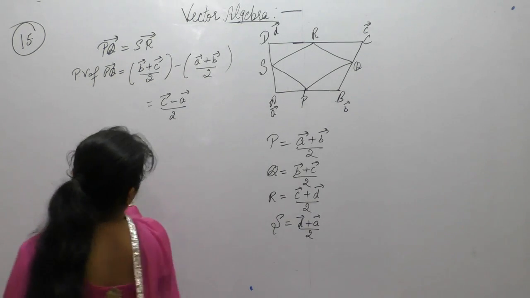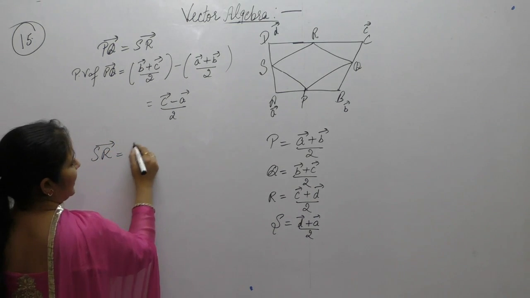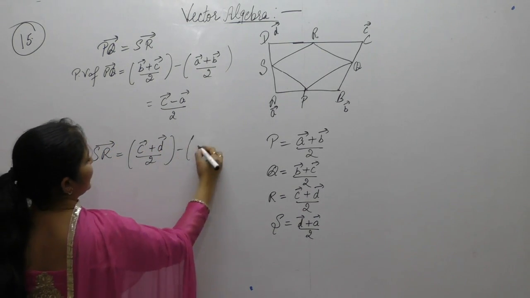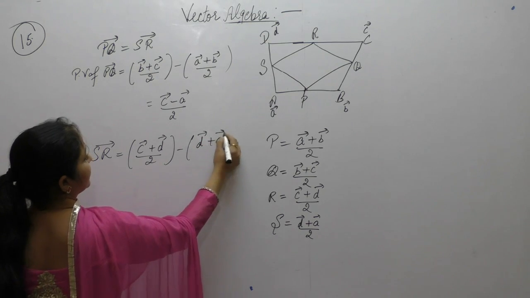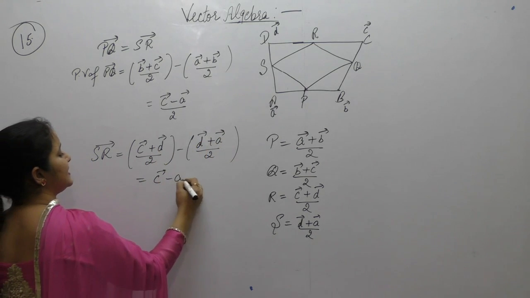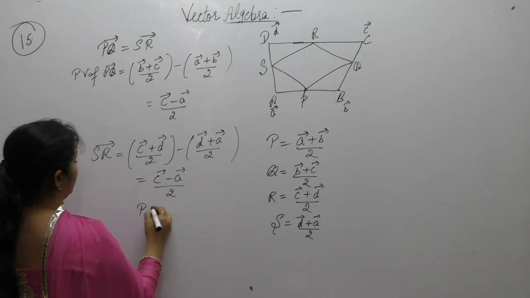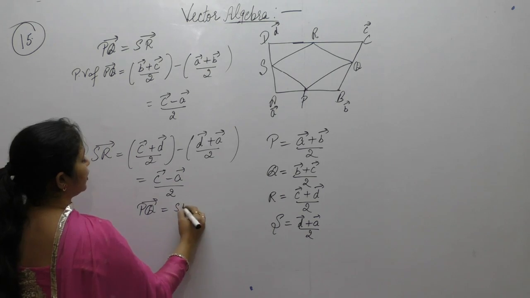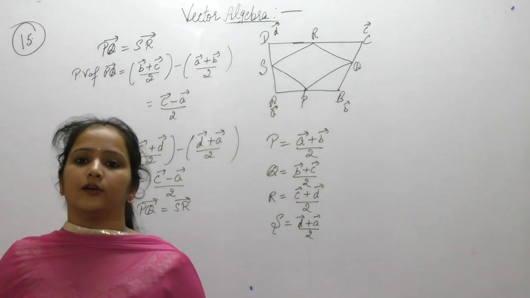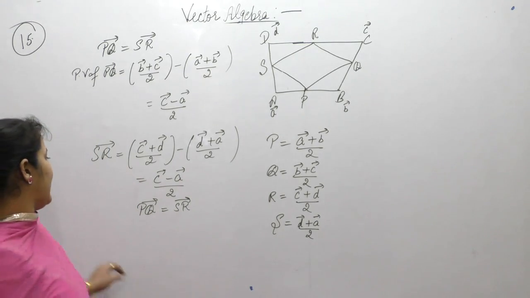Now the position vector of SR is R vector minus S vector; D minus D will get cancelled, giving C vector minus A vector upon 2. Therefore PQ vector equals SR vector. Therefore PQRS is a parallelogram.